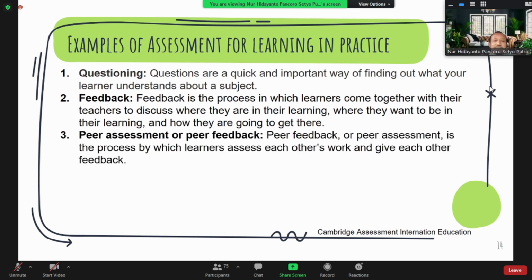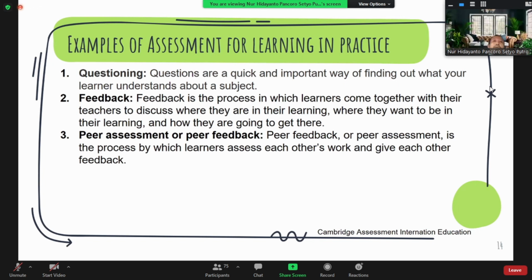Okay. Peer assessment and peer feedback. Okay, peer assessment. I know Bapak Ibu know a lot more than me about peer assessment and peer feedback. The thing that you need to provide is more assistance or clear guidance on how they can provide peer assessment and this peer feedback.